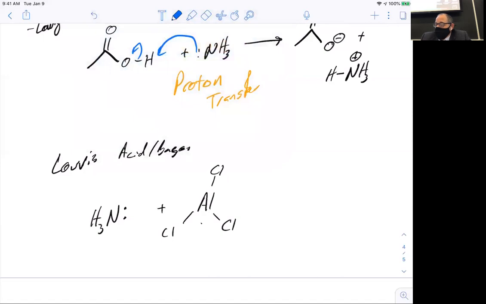And in this case, and I'm going to switch my colors, I have a lone pair here. So I have available electrons.